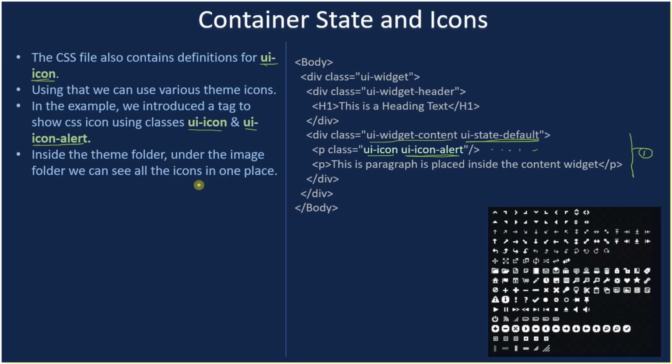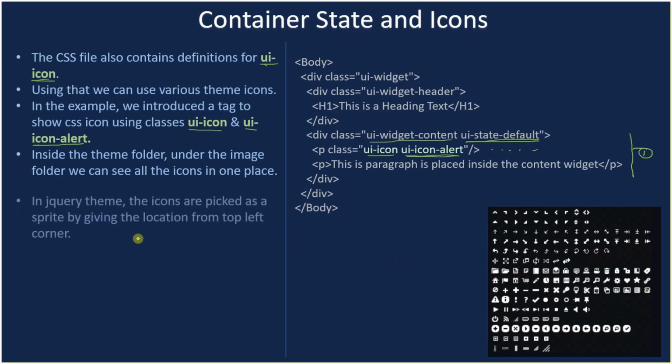You can open any theme and you will see the same icons or same image file. But the difference will be based on the theme. The background may have a different color. Here for the icon, we have a white background. Based on the theme, the background color will be changed, but the icon will be the same.